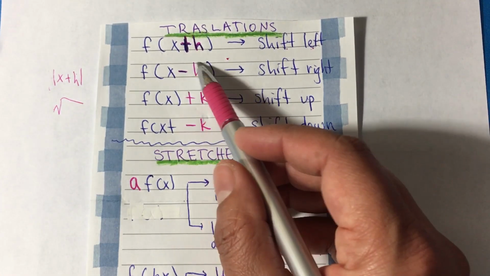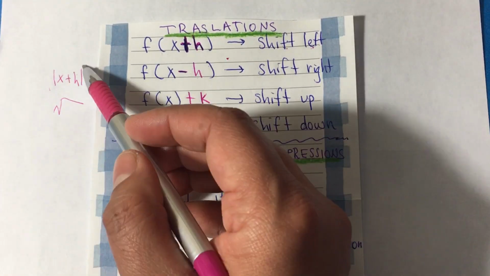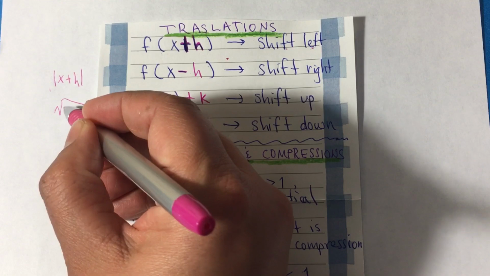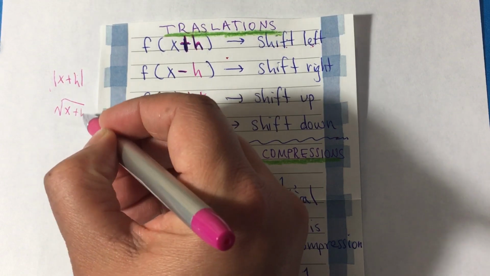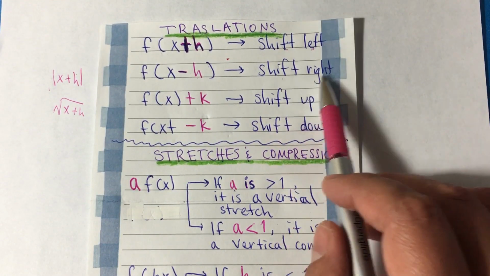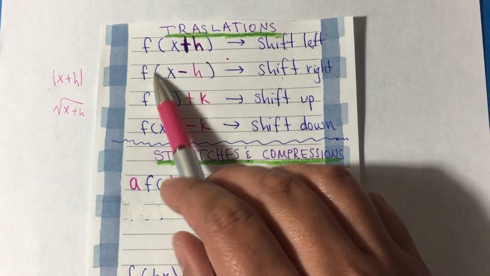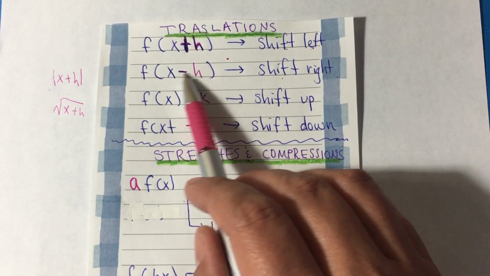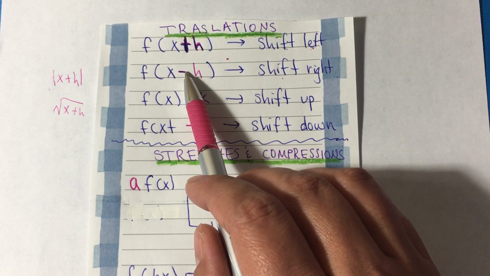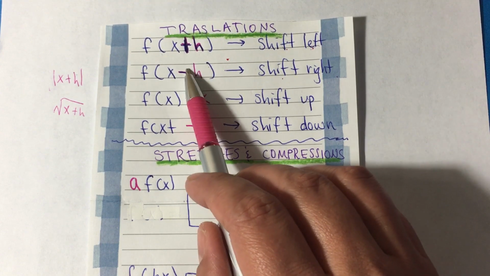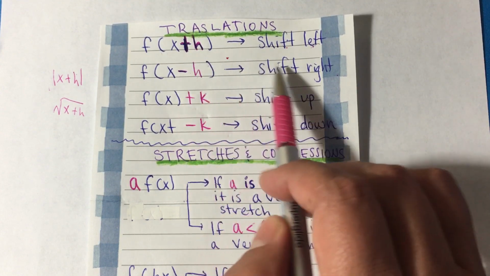When we're subtracting inside of the parentheses or absolute value or the square root, then it's going to shift to the right. So inside, the movement is on x, but the opposite. Not to the negatives, but to the positives.